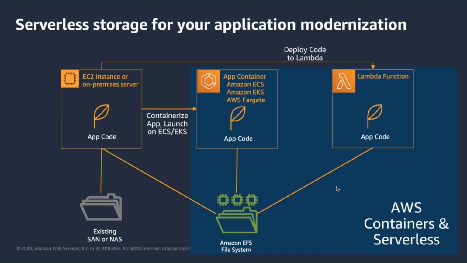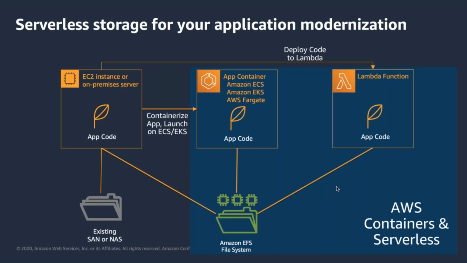Now, many of the applications that customers are modernizing currently leverage external storage through the form of a network attached storage or storage area network, a SAN or a NAS. Now, when you modernize these applications and run them either as containers or Lambda functions, the need for external shared storage doesn't go away.